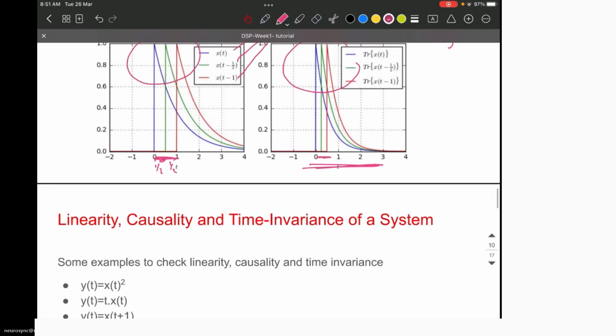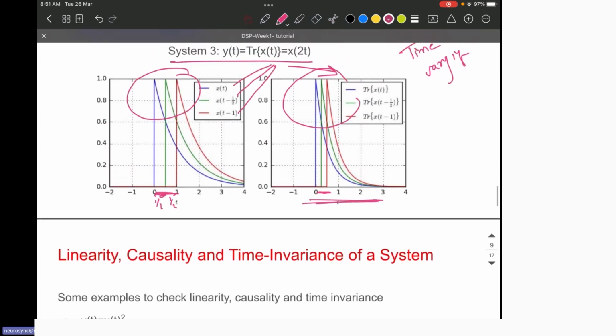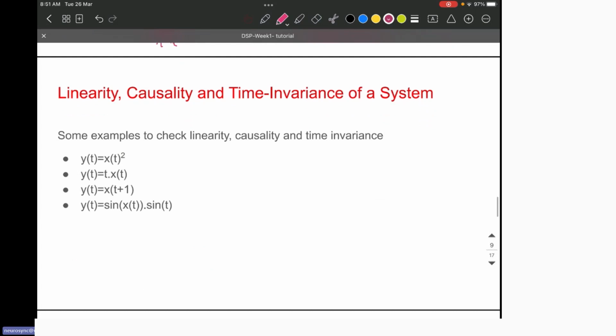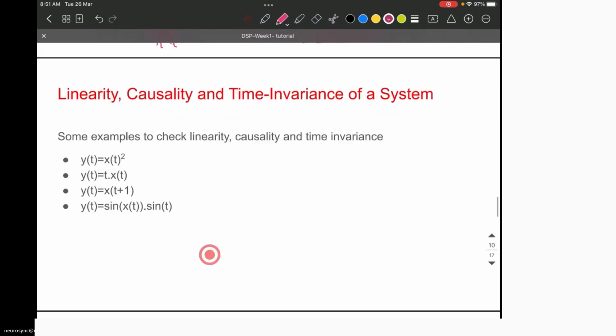Now, we have analyzed these three properties: linearity, causality, and time invariance. How do these properties relate to each other?